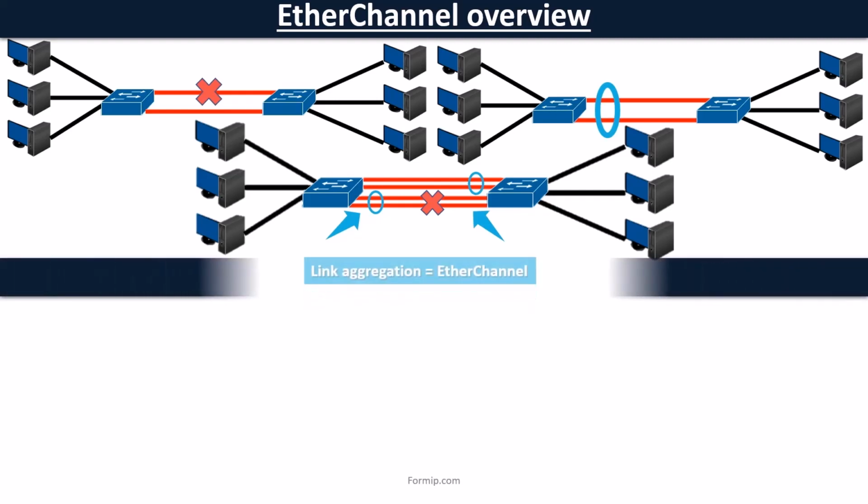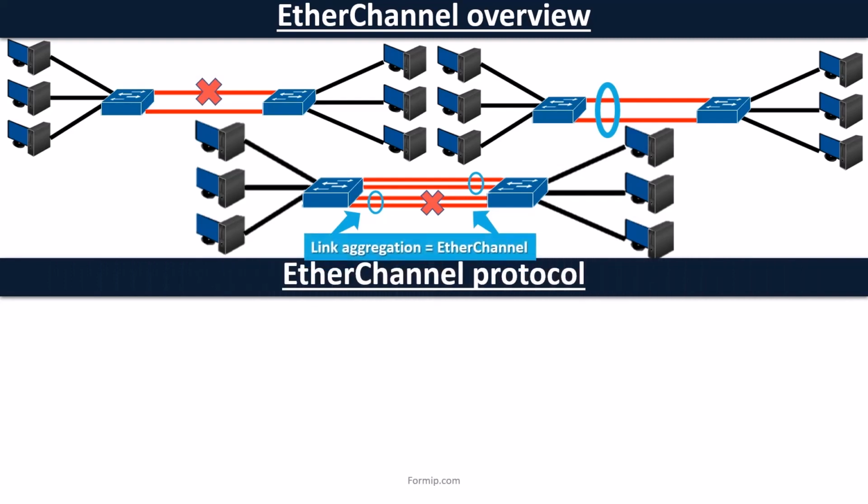The goal of link aggregation is to increase bandwidth by merging multiple physical links into a single logical link. For example, if we use 3 links of 100 megabits and make a single logical link, the speed will be 300 megabits. An aggregation can have a maximum of 8 physical interfaces.